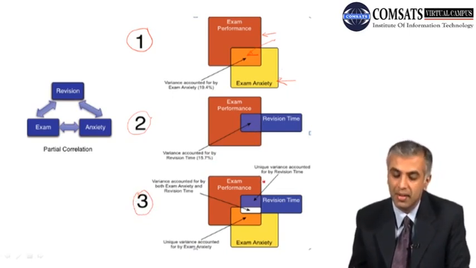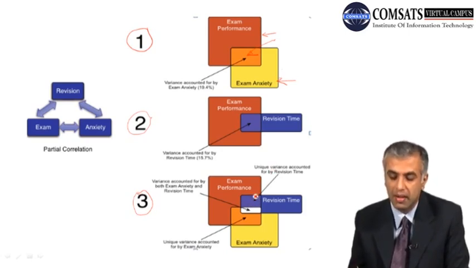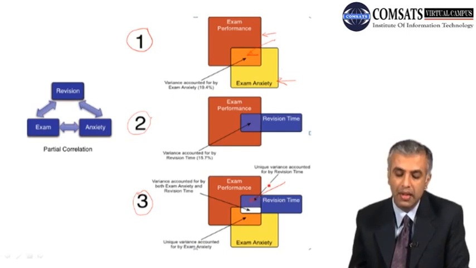it is evident that if we combine the three variables in this diagram, there is a unique variance explained by revision time in exam performance, which is shown in this part. However, the unique variance accounted for by exam anxiety is shown in this box.